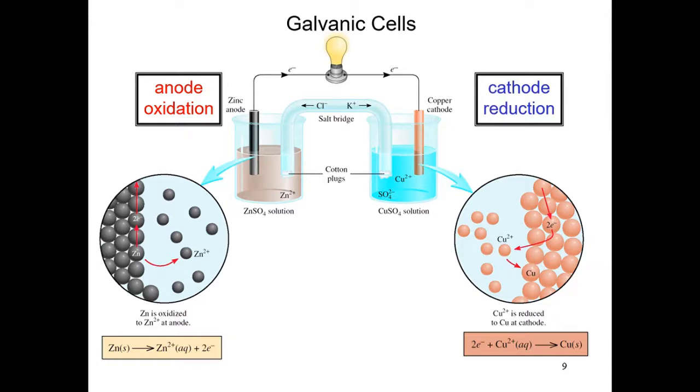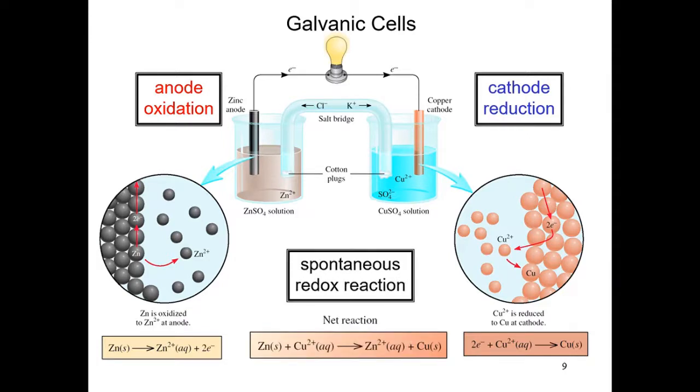At the same time, at the cathode, as copper-2 ions are removed, to eliminate the risk of a short circuit, we provide potassium ions, in this case from the salt bridge, to continue neutralizing the solution. If we combine both of these half reactions now, we have a spontaneous redox reaction. And you can see the full equation there at the bottom.